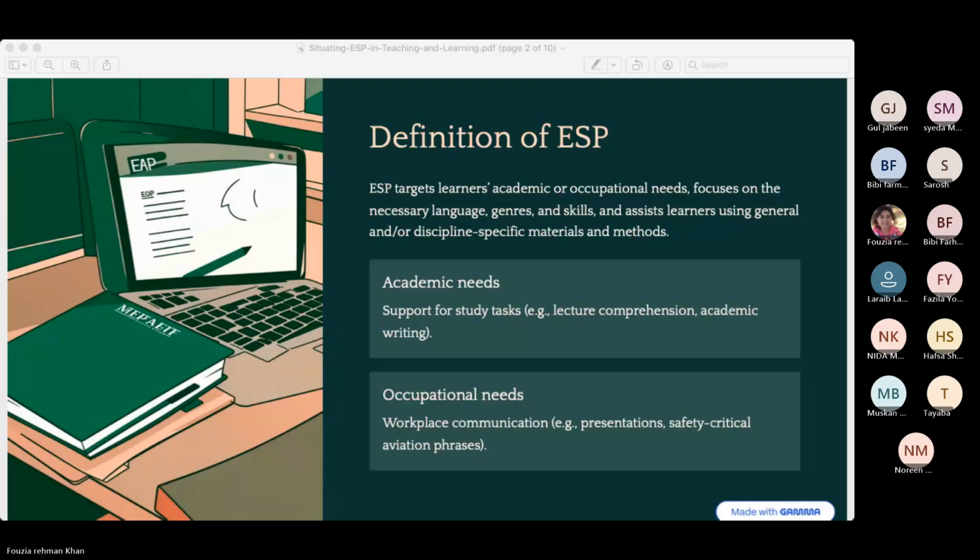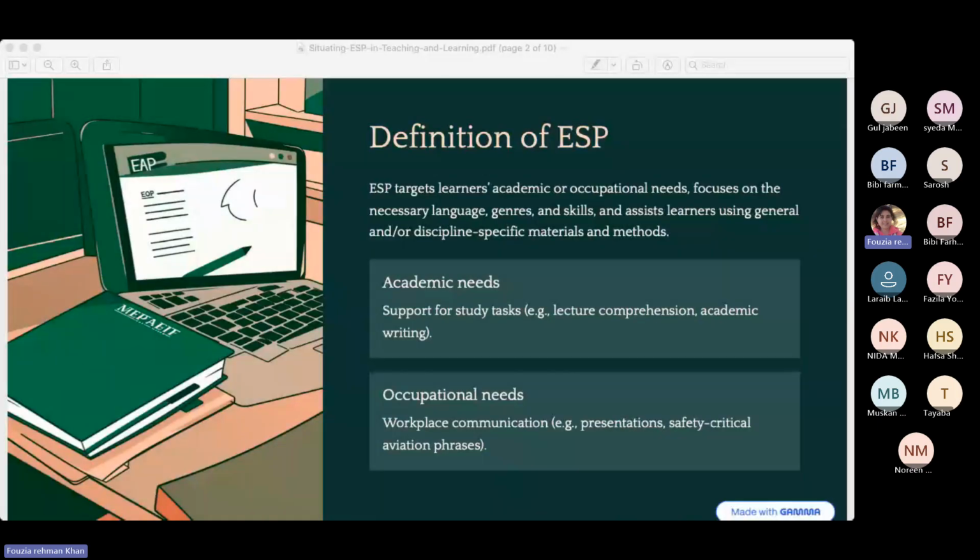Yes, Farmina. For academic needs. Why? Could you elaborate a little? Yes, Tayyaba, and we have Nida, we have Maheen, we have Sarosh. All are from the bridge semester.